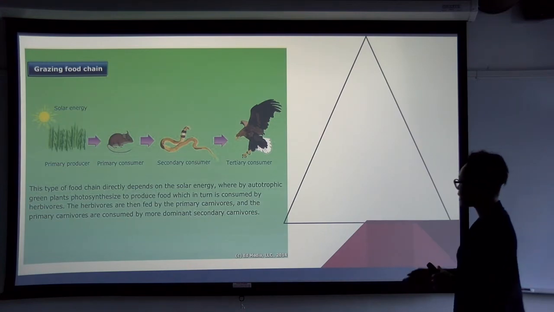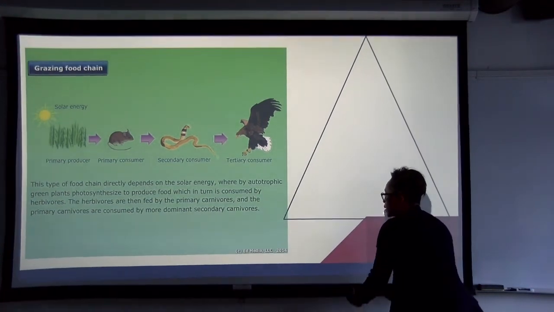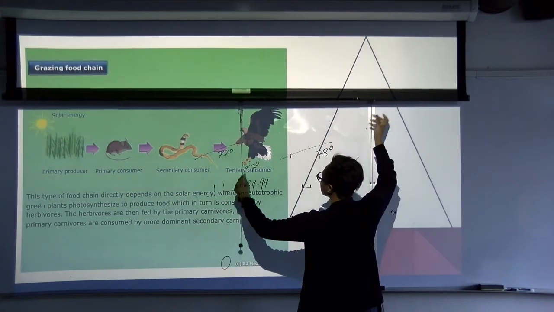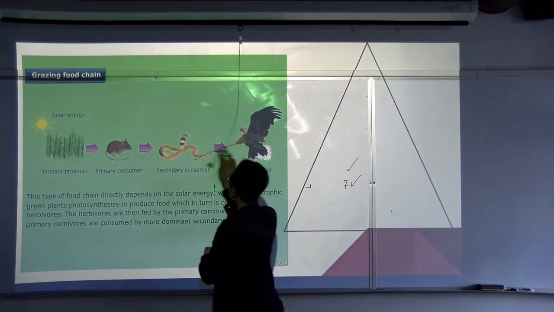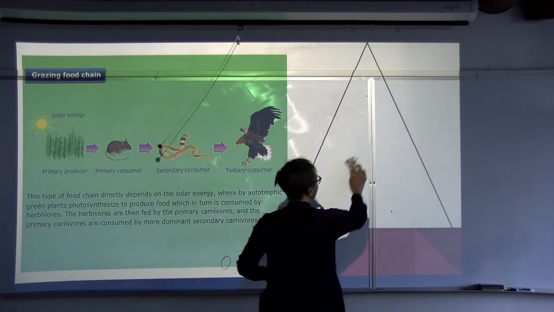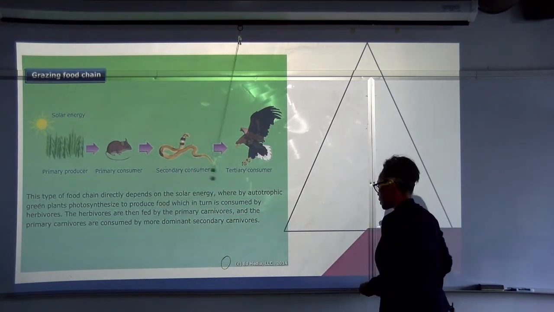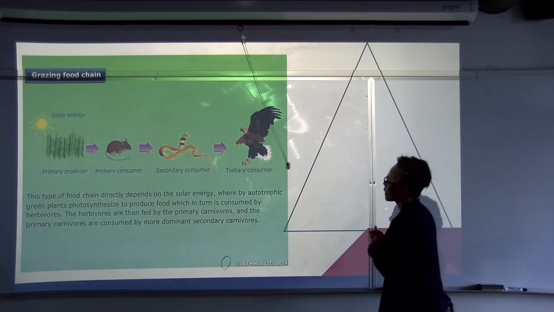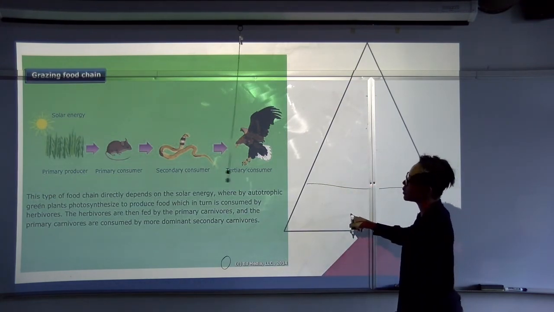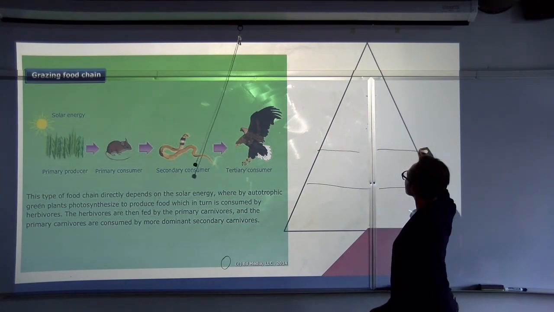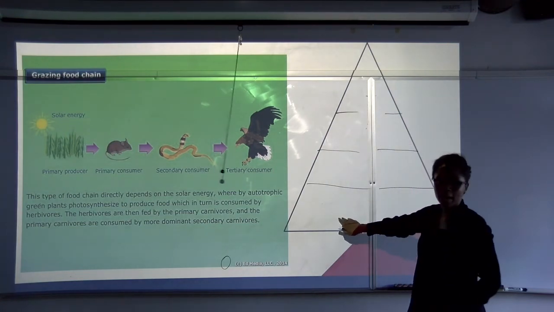So if we were to create the energy pyramid to show how energy is transferred using this food chain, what would be at the bottom? What would be the bottom of the pyramid?